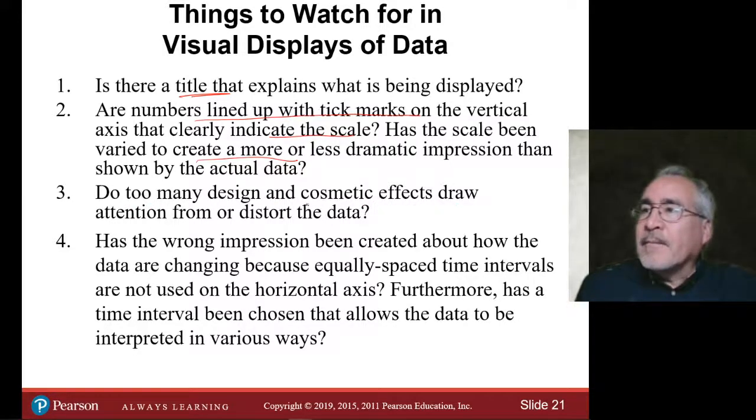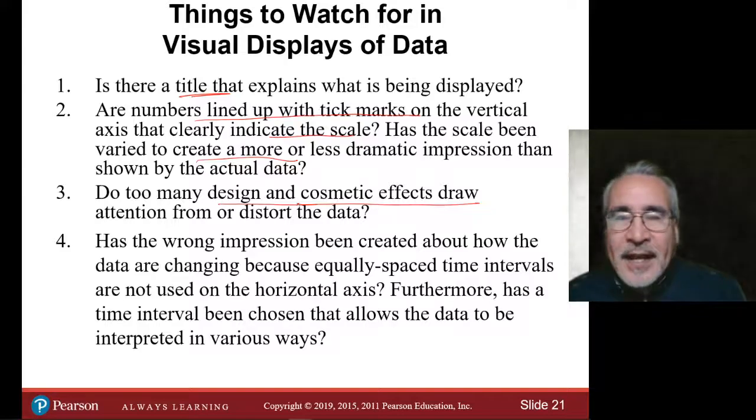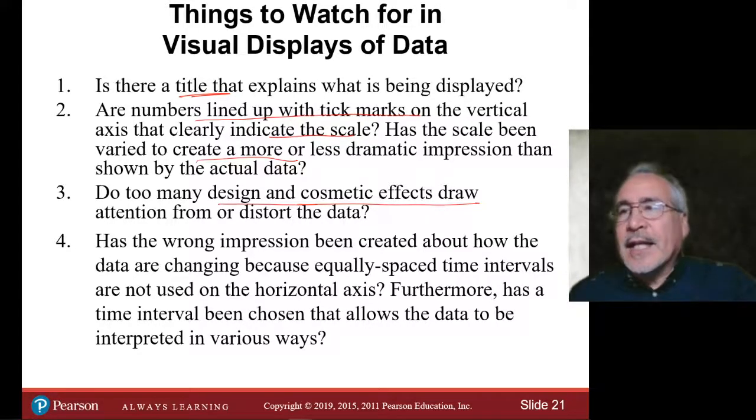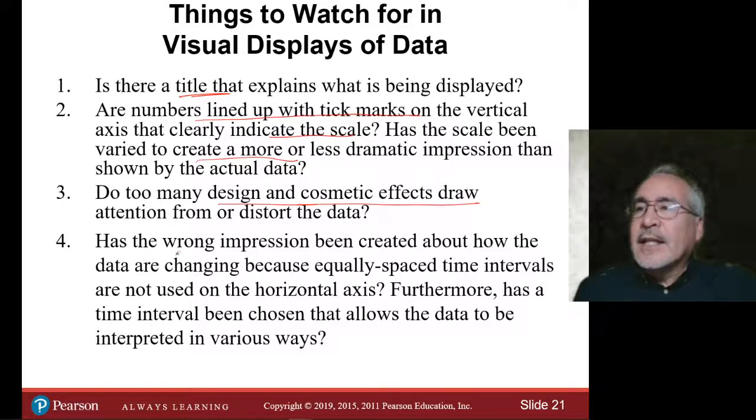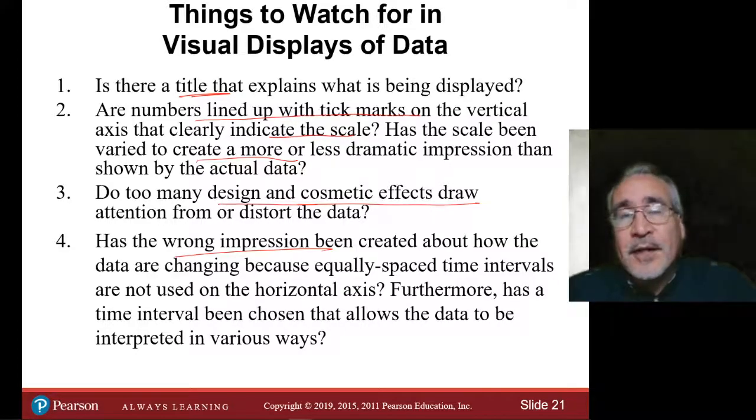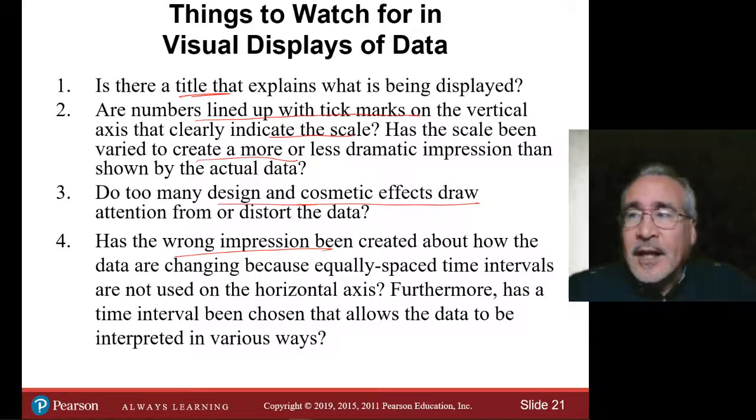And then, are they using a lot of design and cosmetic effects to make it fancy? We'll take a look at one of those, and it might actually distort the data. And then finally, has it given some sort of wrong impression, or maybe just an emotional impression itself?